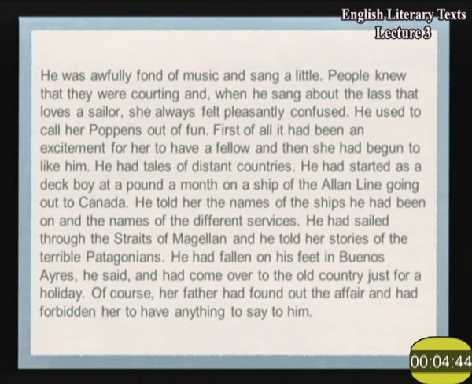Eveline looks like a very naive girl who is falling in love or having a relationship for the first time. So a song would make her confused. A visit to the theater would make her feel that this man has given her the world. And he used to call her Poppins out of fun.